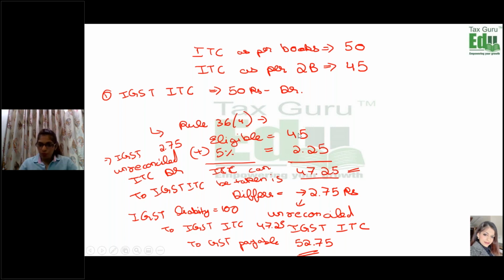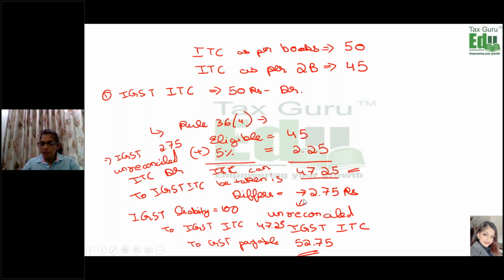Whatever is available to me, of that 5% additional ITC I can take. Now this 2.25 is out of the 5 rupees that is not available to me, and which will become available in the next month. So in the month of August, when my 2B will show that 5 rupees is available to you, I'll take the balance ITC, that is 2.75.